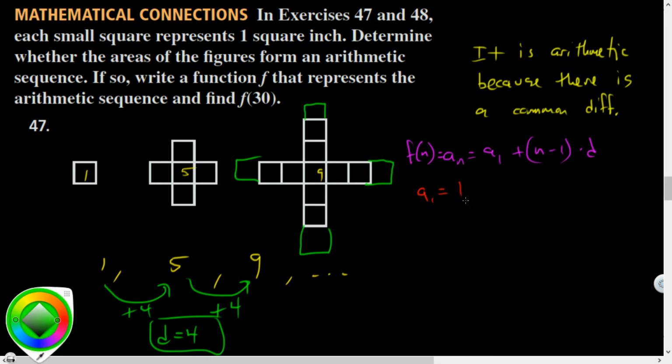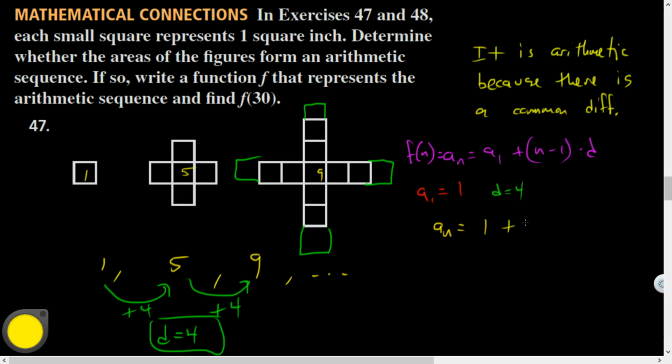Common difference we already said was 4. If I want to write a function, I'll leave the n and the a sub n generic. So I could say that a sub n, if you want the nth term, that's just going to equal 1 plus n minus 1 times 4. So here's a function that would work.